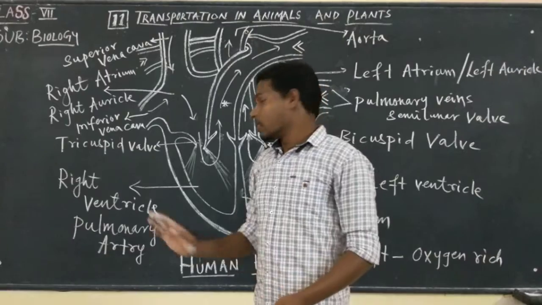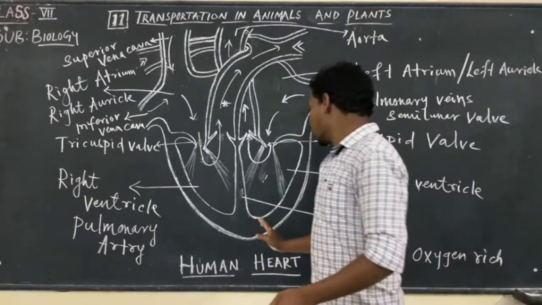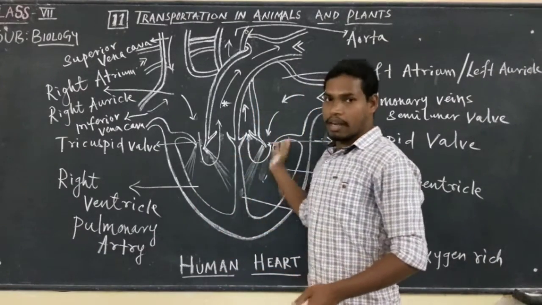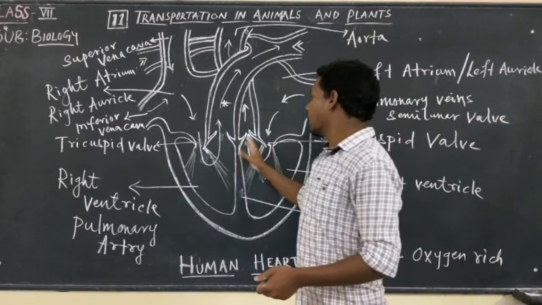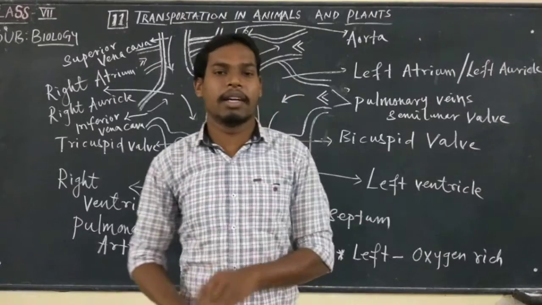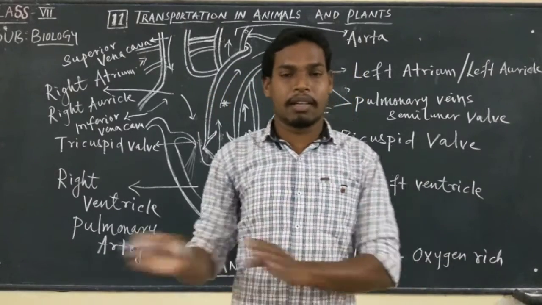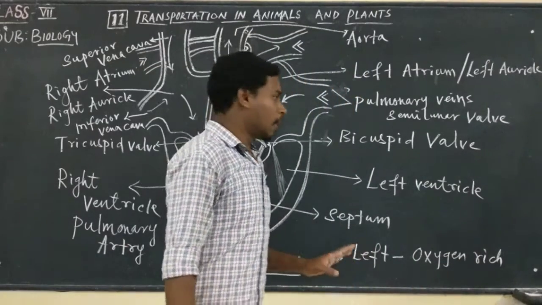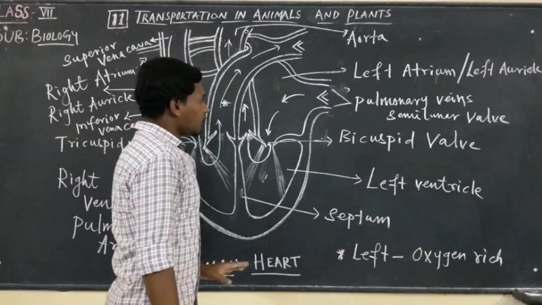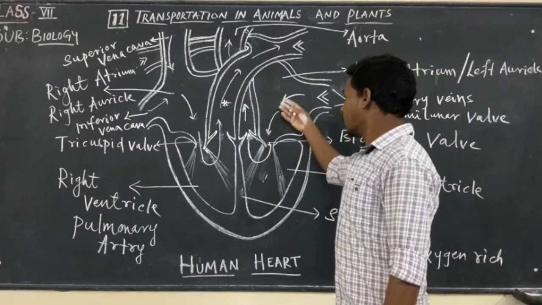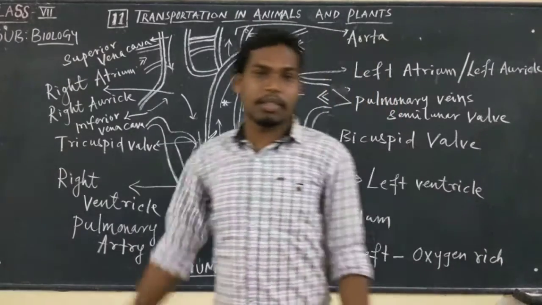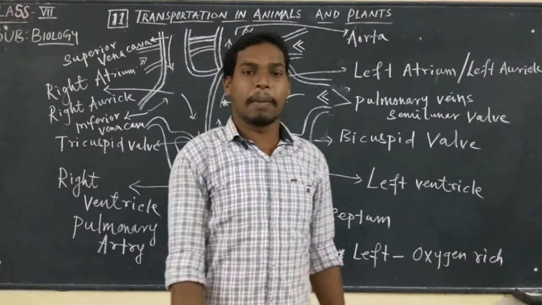That's why our heart has two parts, right and left, and it has four chambers, so that the oxygenated blood and the carbon dioxide blood are kept separated. Now here is the diagram, and I will explain the functions of the heart.